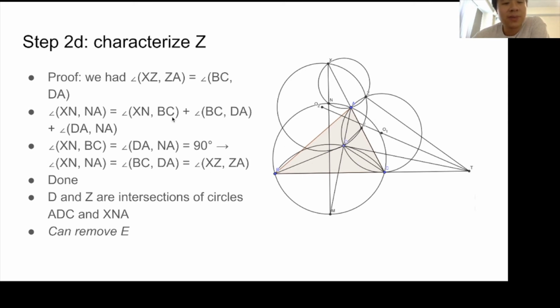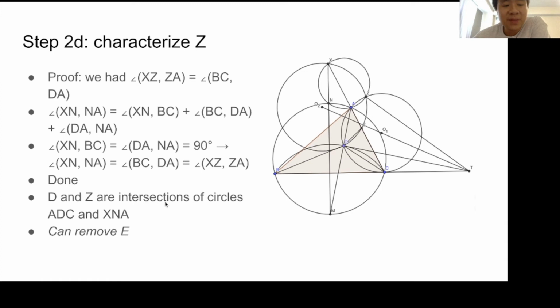And once we do a bunch of other angle chasing and realize that XN and BC, meaning that this perpendicular bisector, these two are perpendicular, and also DA and NA. These two are also perpendicular because MN is a diameter. Then we know that this is pretty immediate.